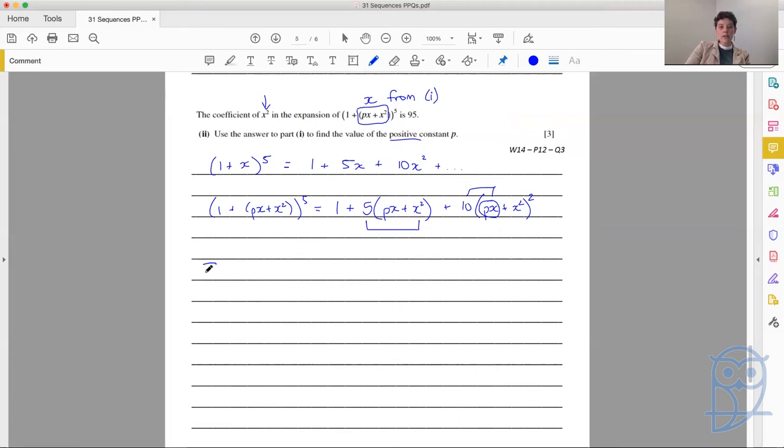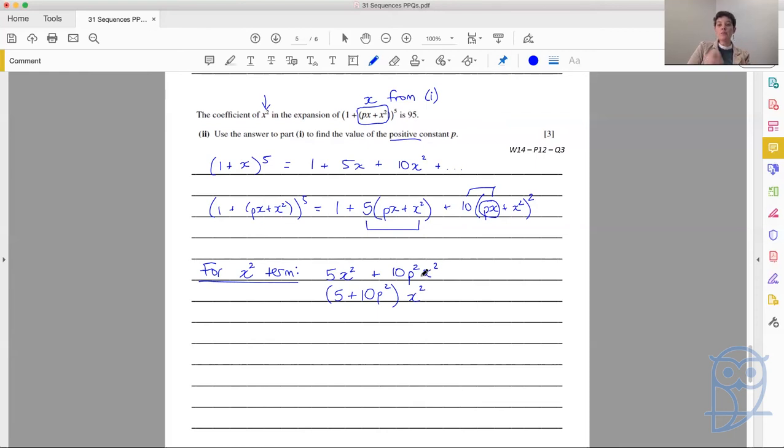So if we then look at creating the x squared term, we would be looking at 5 times the x squared plus 10 times this term squared, because it's got a square on the bracket there. So p squared x squared. So if we then factorize out our coefficients, 5 plus 10p squared, x squared.